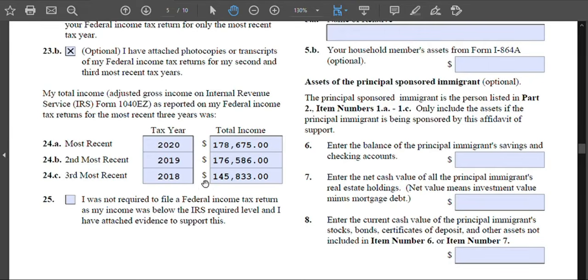So this is another point where a lot of people have questions. In our situation, our joint sponsor files taxes with their spouse jointly.